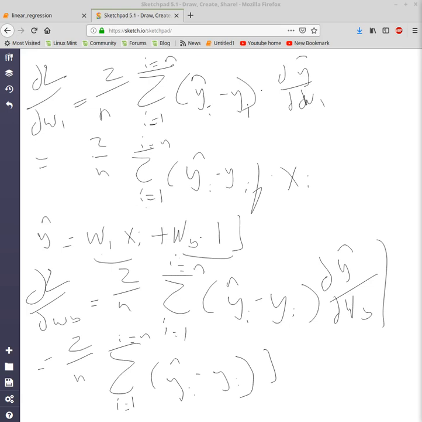So we use gradient descent for this, and the update equation again is like before. So you have this graph here, right? And this is the graph that we're trying to fit.